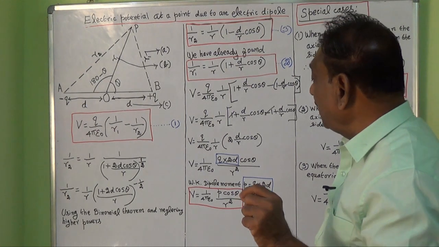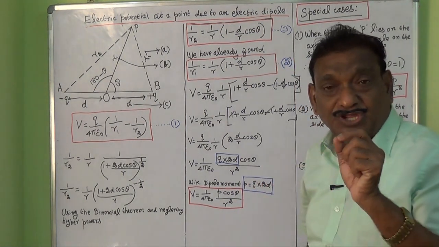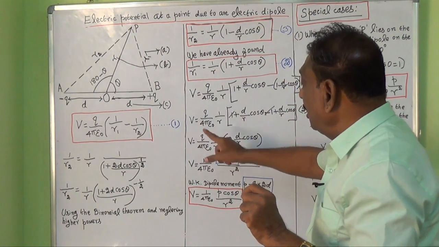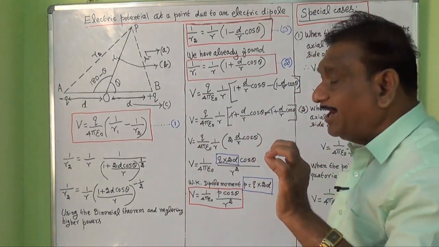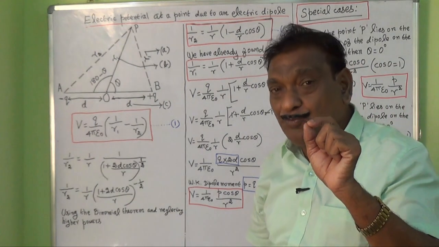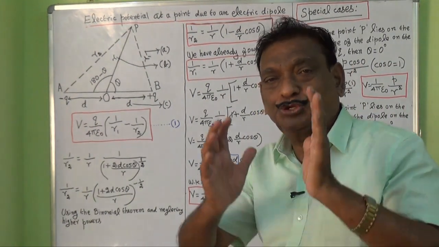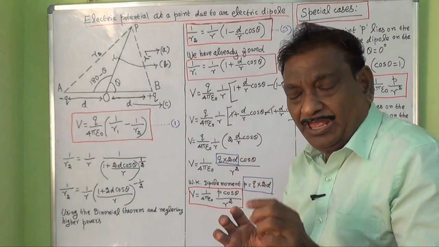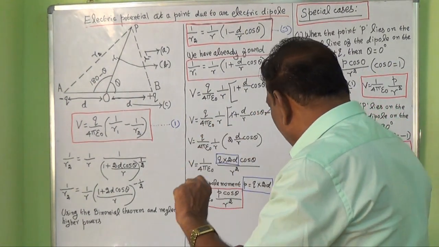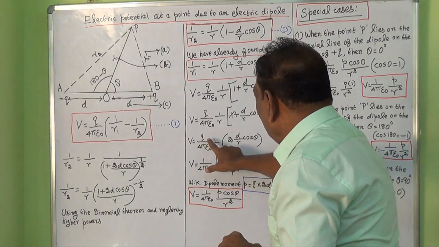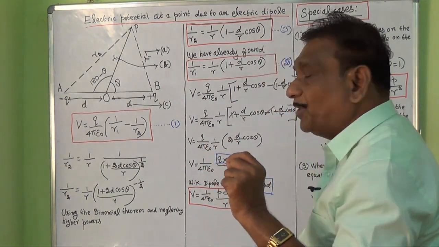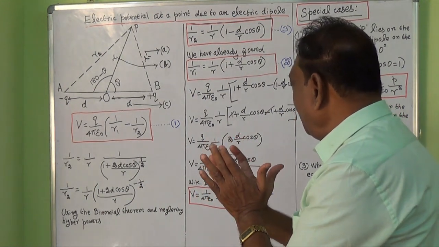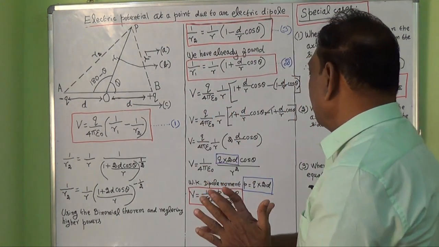Why do we have to write the equation for electric potential in this format? Because we know that the formula for the dipole moment is q into 2d, so that we can substitute the dipole moment P in the place of q into 2d. For that purpose, we have written q into 2d nearby.